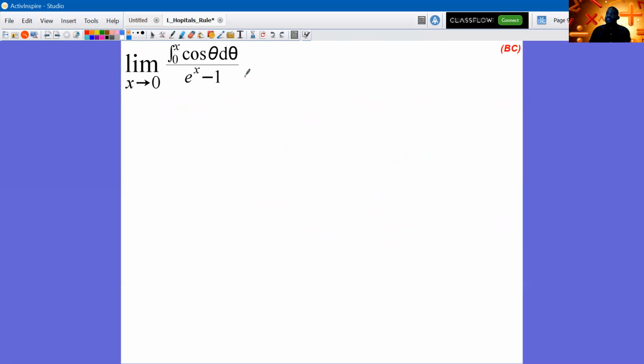So here's another limit problem involving a definite integral, involving trigonometry. So again, just like before, check differentiability.